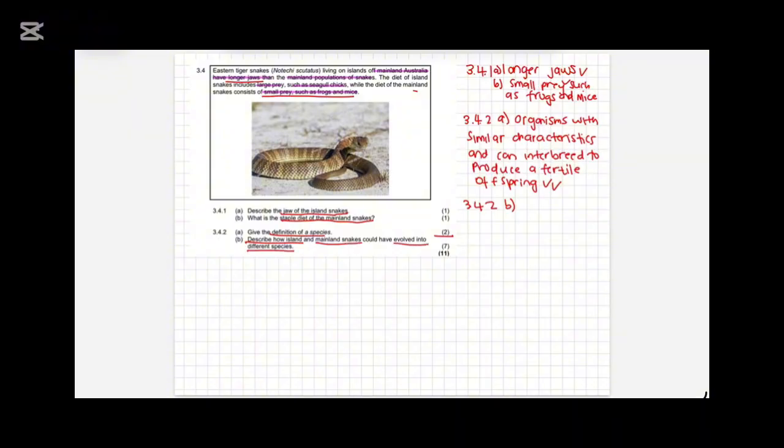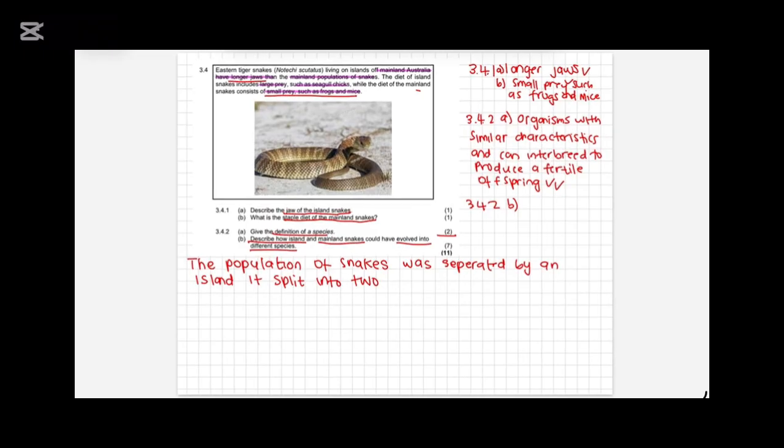This is the same thing as explained in the exam guidelines, however, you must be specific to the snake. So the first statement is the population of snakes was separated into two by an island, which is our geographical barrier. It then splits into two.